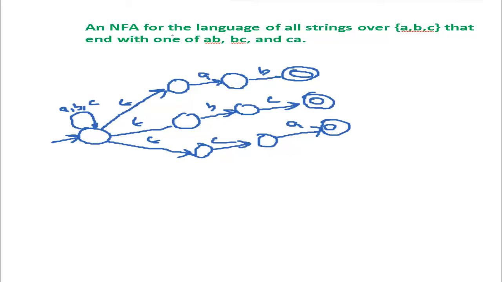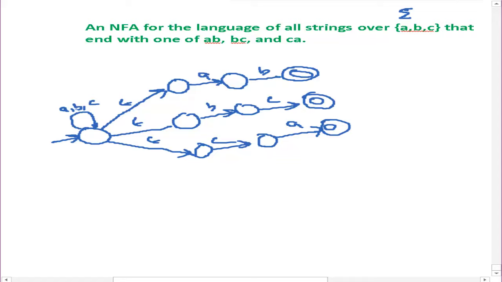Now this is an NFA for a language where the input alphabet is ABC, that ends with AB or BC or CA. So this is AB, BC, CA. It ends with these.